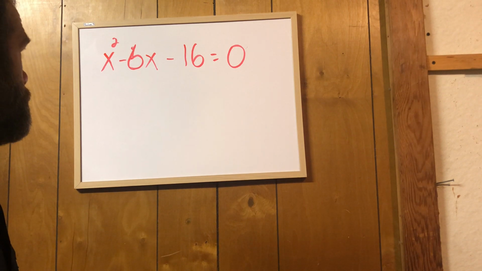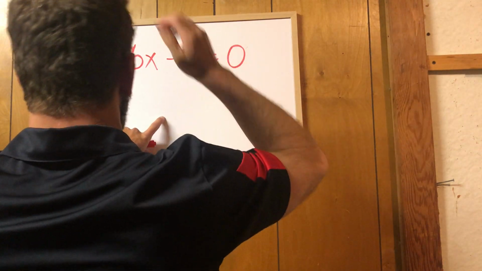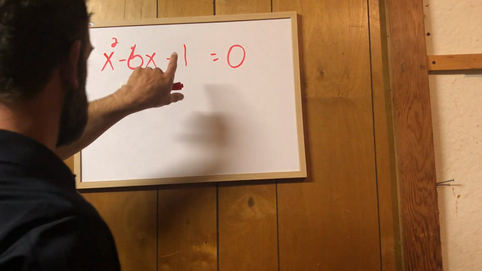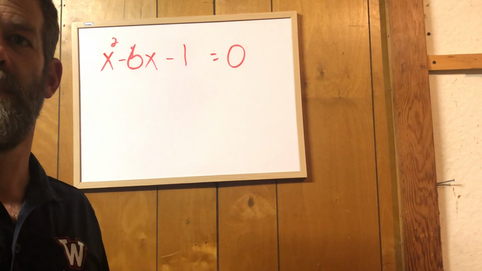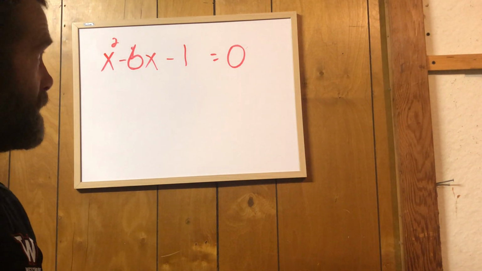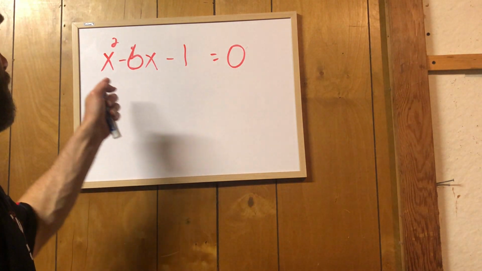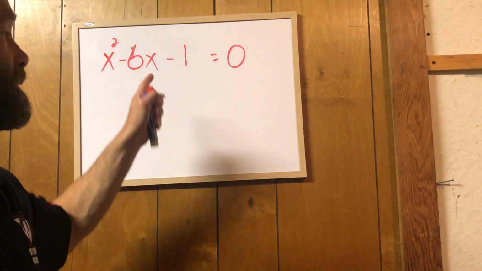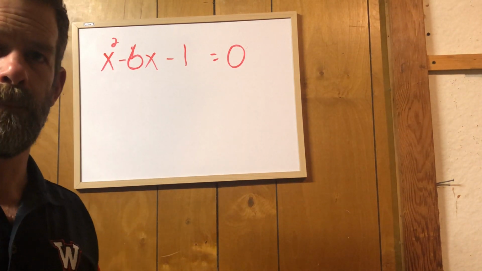Well, let's make it like that now. Now you can't factor that. You would have to use a quadratic equation. But I want you to solve this by completing the square. So pause this. x squared minus 6x minus 1 equals 0. See if you can solve it by completing the square.